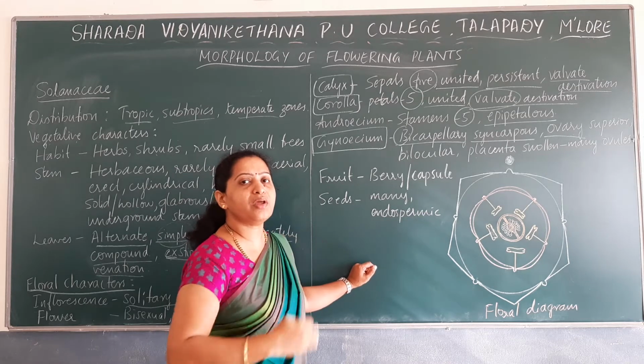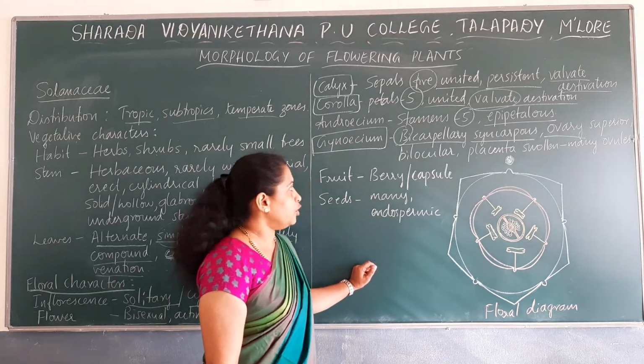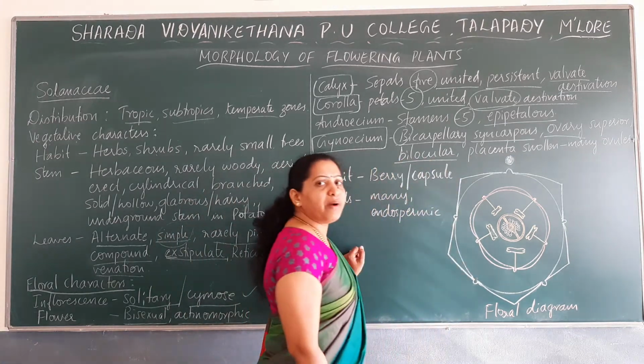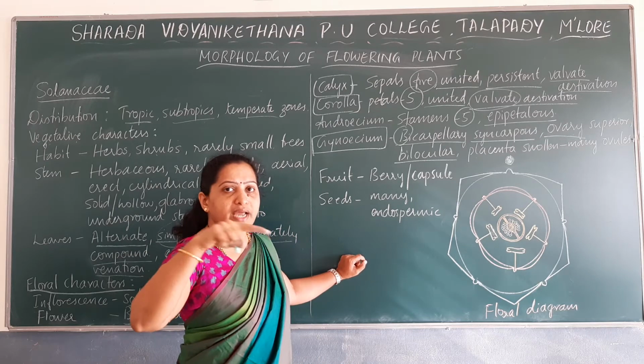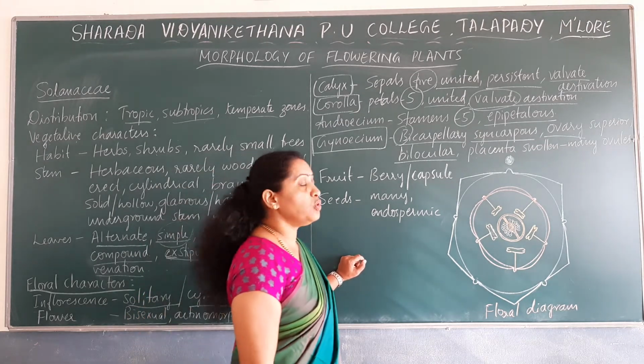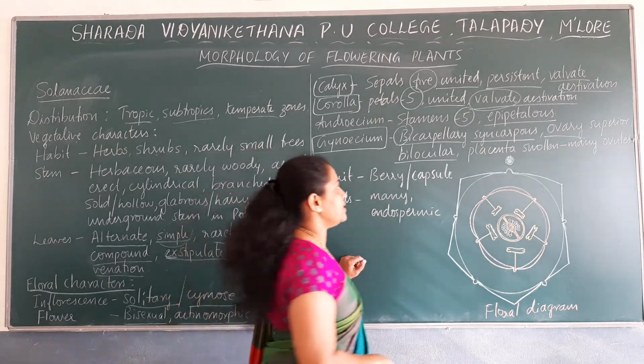Ovary has a superior position with respect to the other whorls of a flower. Then ovary is bilocular, having 2 cavities. Inside the ovary there is an ovarian cavity divided into 2 compartments.